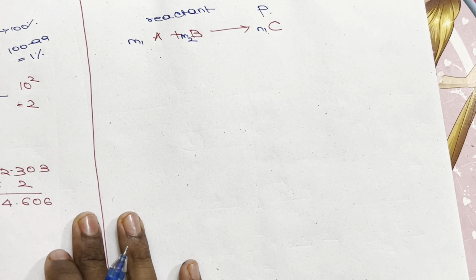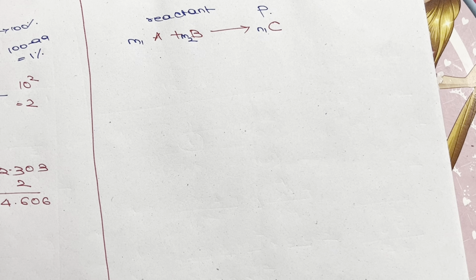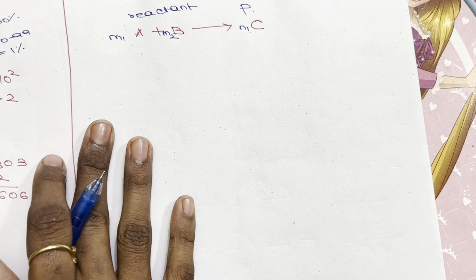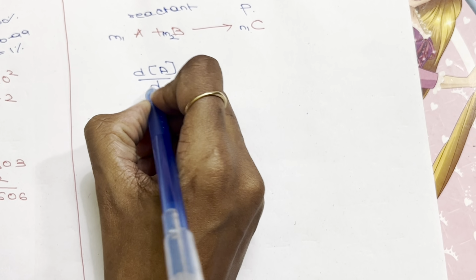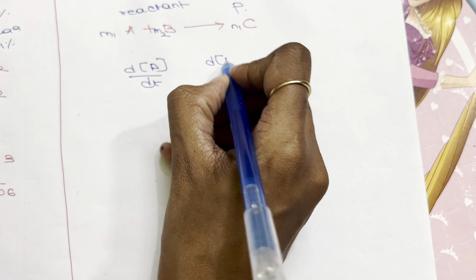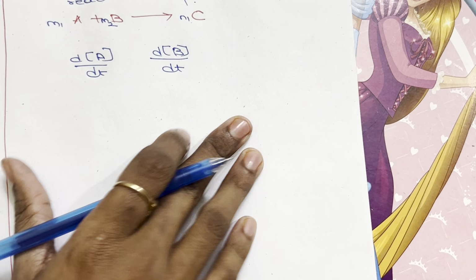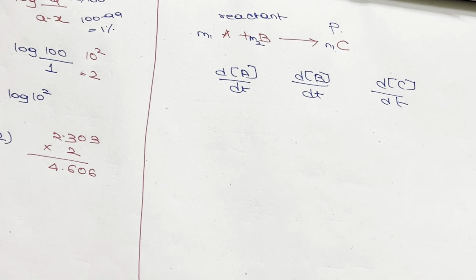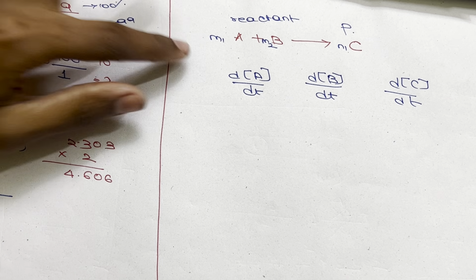So when we write the rate according to the rate expression, it is the concentration with respect to time. So we write d of A upon dt, d of B upon dt, and d of C with respect to time. Now we'll put the values of the stoichiometry.